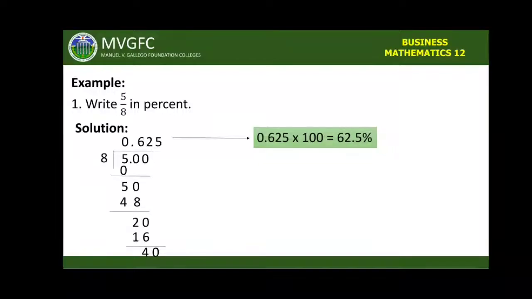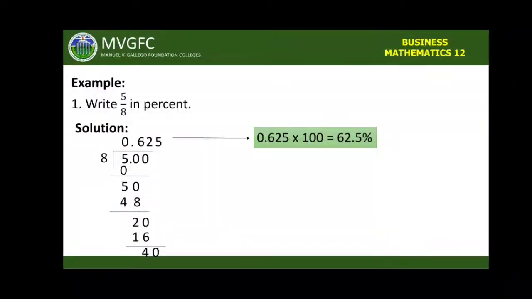And 2 times 8 is equal to 16. So 20 minus 16 is equal to 4. Bring down 0. So 40 divided by 8 is equal to 5. And 5 times 8 is equal to 40. So 40 minus 40 is equal to 0.